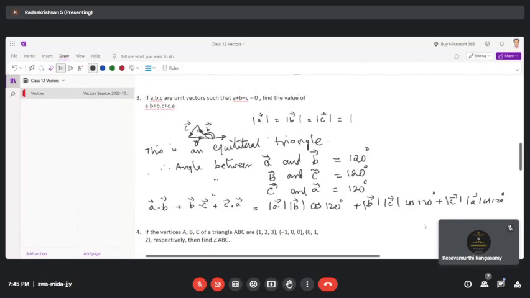But we know that each of these vectors A, B, C are unit vectors, so the magnitudes are all 1. So it is simply cos 120 plus cos 120 plus cos 120. That's what remains. Minus 3 by 2, sir. Yeah, because cos 120 is minus half. Very good.